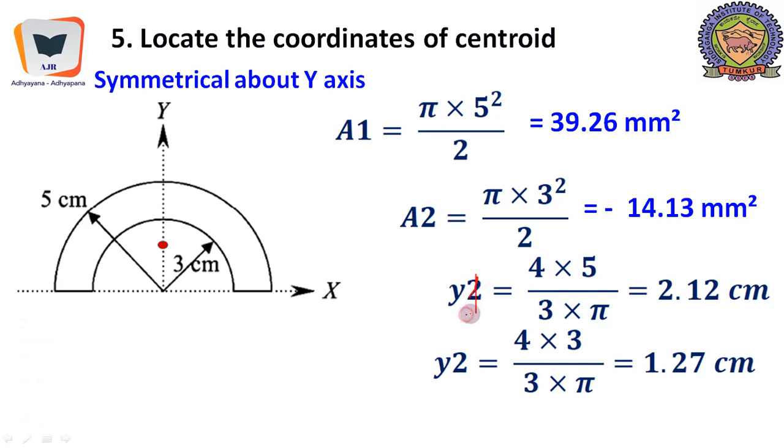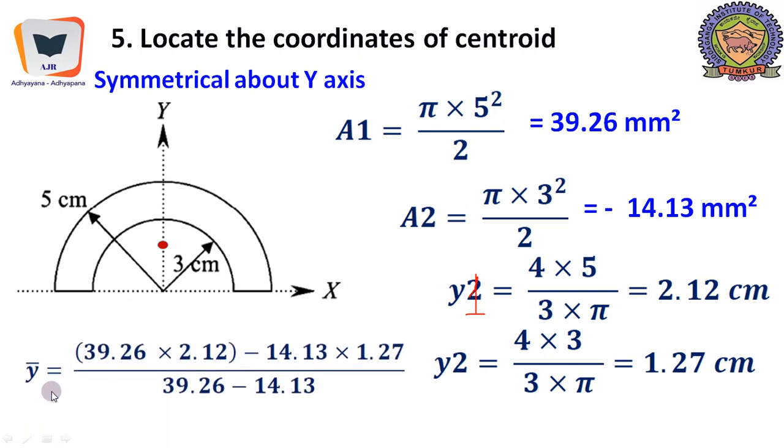y1 is 4r by 3 pi, r is 5 centimeters, of course. And y2 is 4r by 3 pi again. The r here is 3 centimeters. It may be somewhere over here. So therefore we have got all the required ingredients for computing y bar, and y bar would suffice.